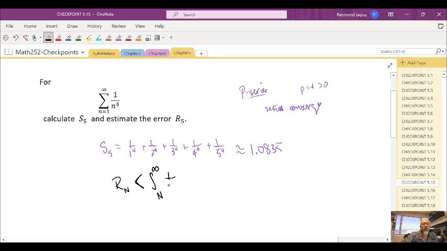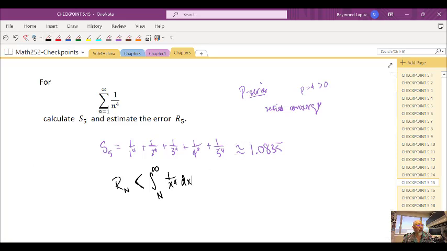So this is 1 over x to the fourth, where we use x for continuous variables and n for discrete variables in our sequences.